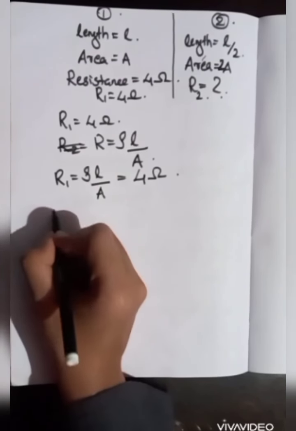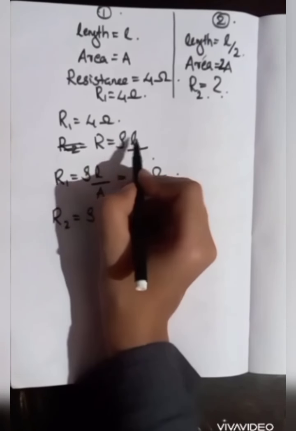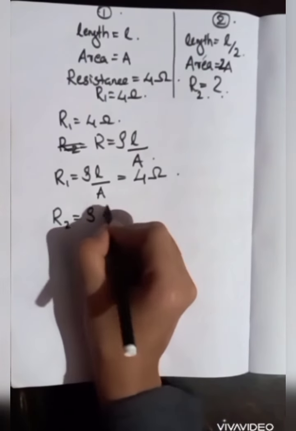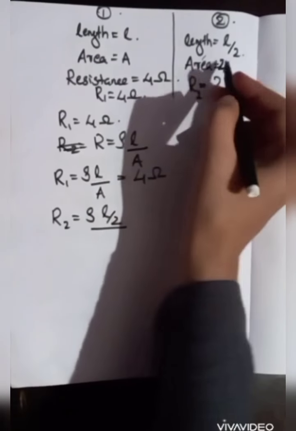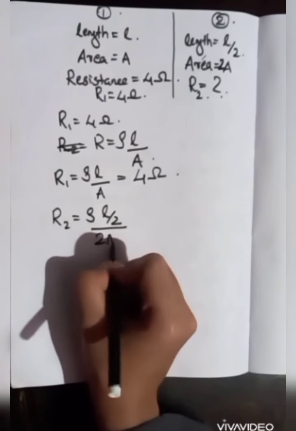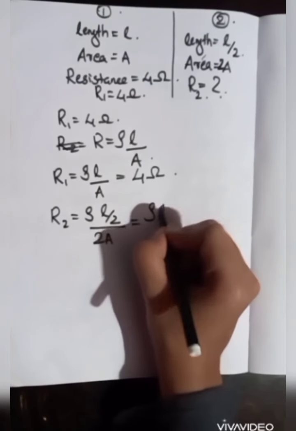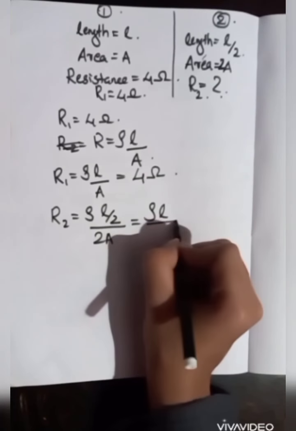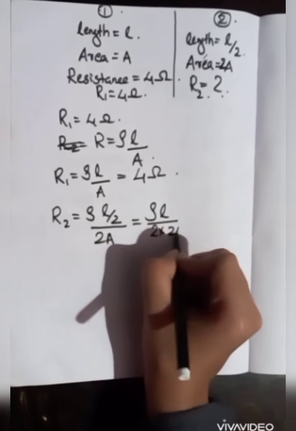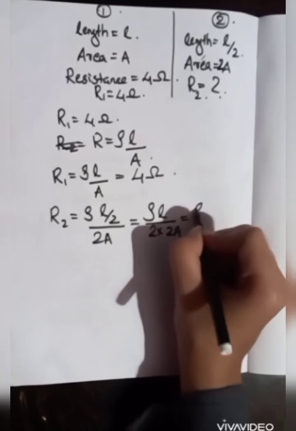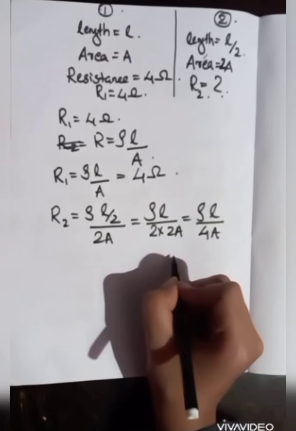Then R2 is equal to rho into L by 2, all divided by 2A. It can be written as rho into L by 4A.